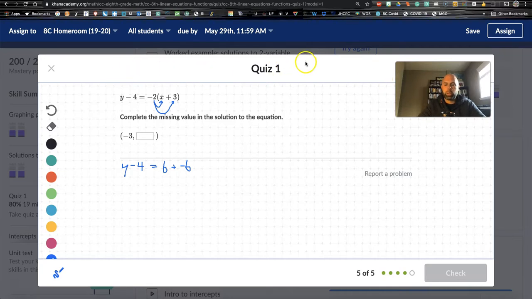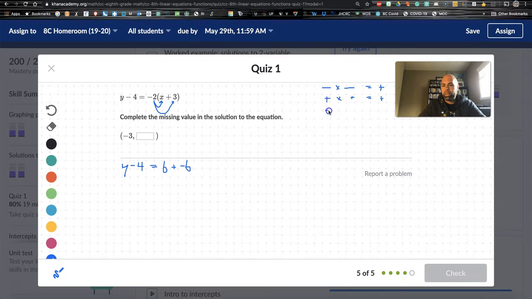Maybe I'll write the multiplication rules here for you. So a negative, oops, I can't write it there. A negative times a negative is a positive. And a positive times a positive, obviously positive, right? 2 times 2 is 4, positive 4.